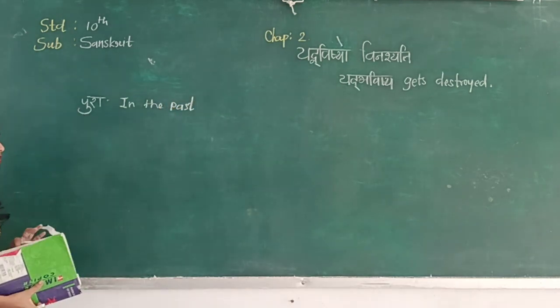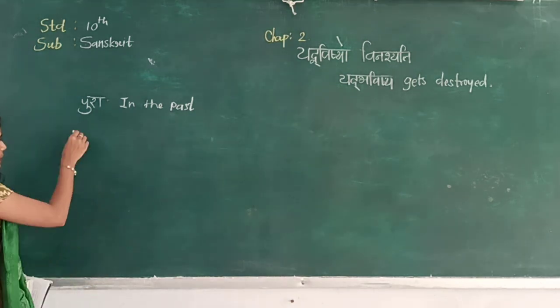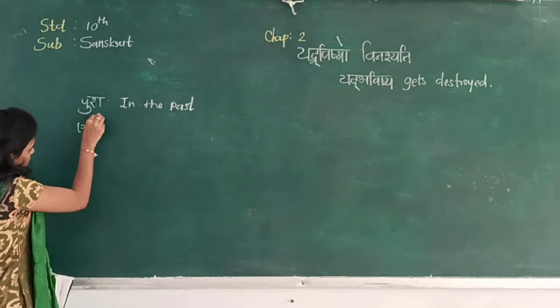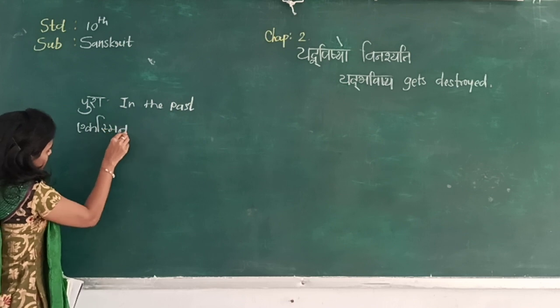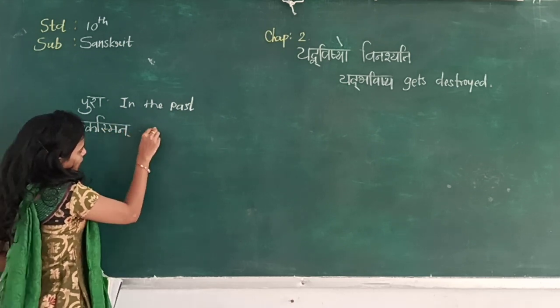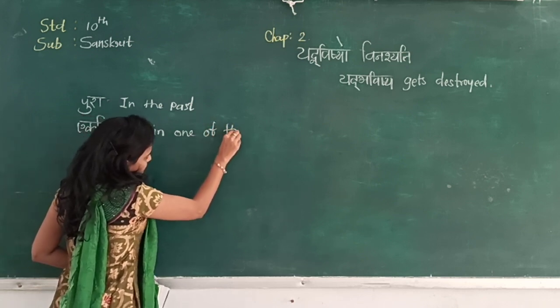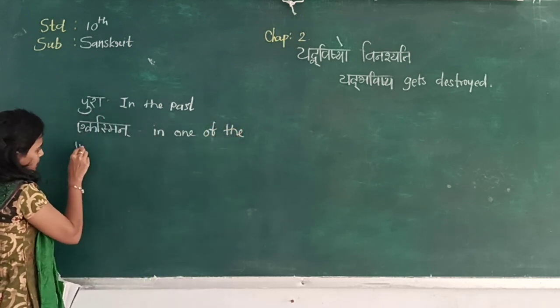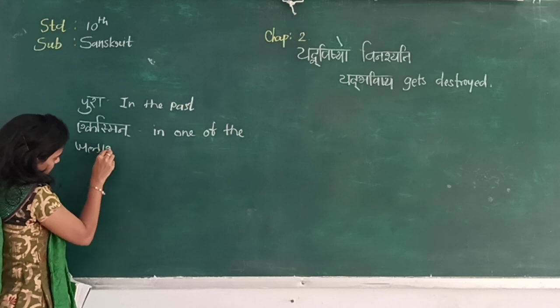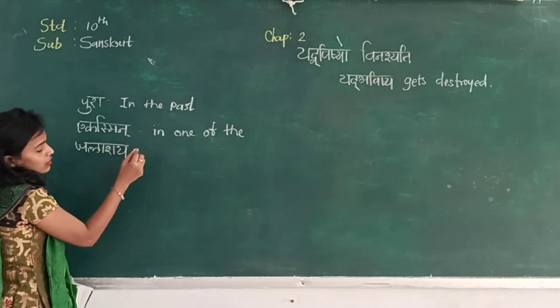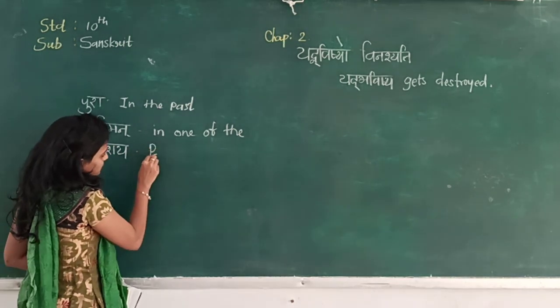Ekasmin, in one of the. Jalashaya means pond or a lake.